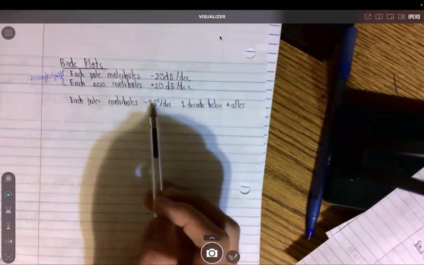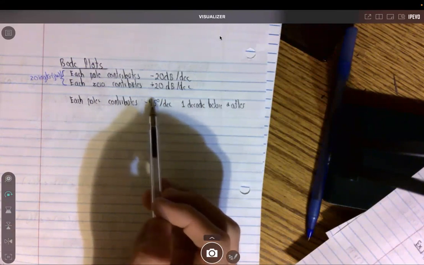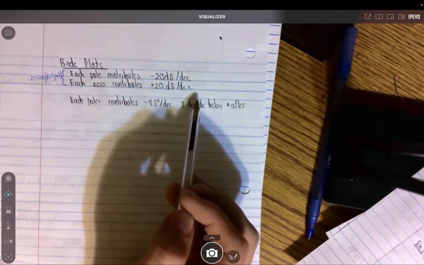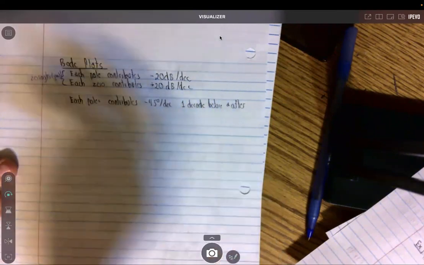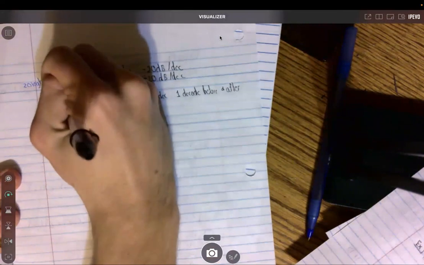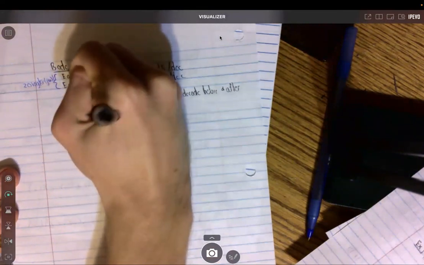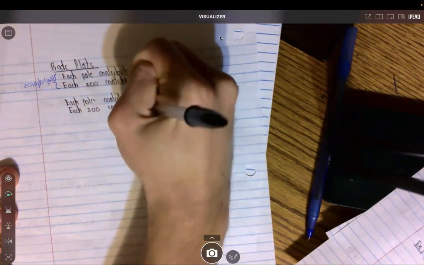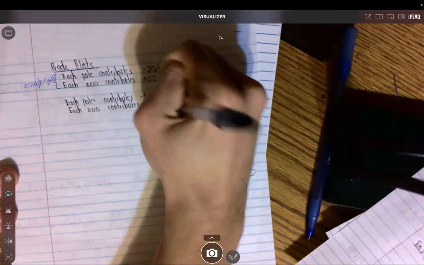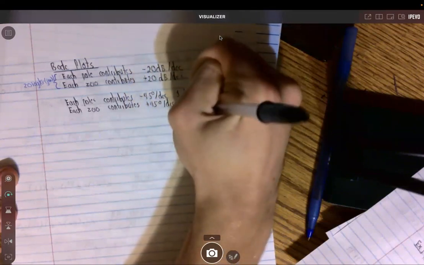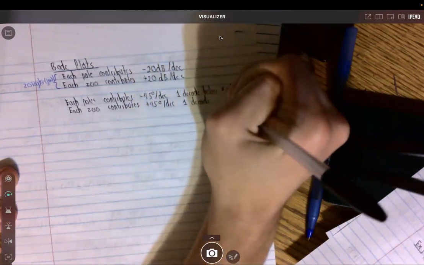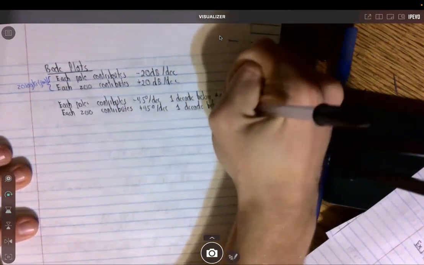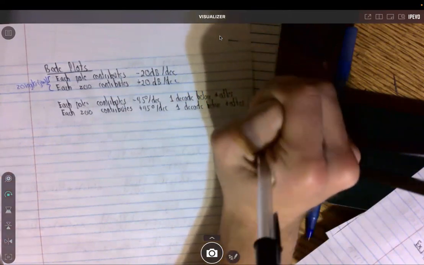But each pole in the phase plot only contributes -45 degrees per decade, starting 1 decade before the frequency where it's supposed to occur and ending 1 decade after. And each zero then contributes +45 degrees per decade, 1 decade before and after that omega value, that frequency where it should occur. So we're going to do an example now.